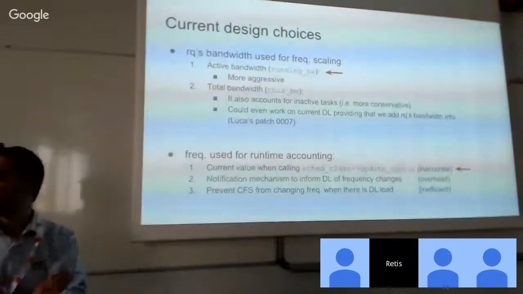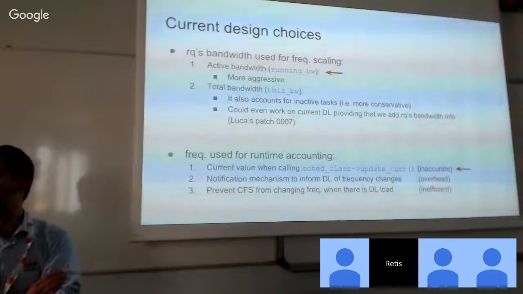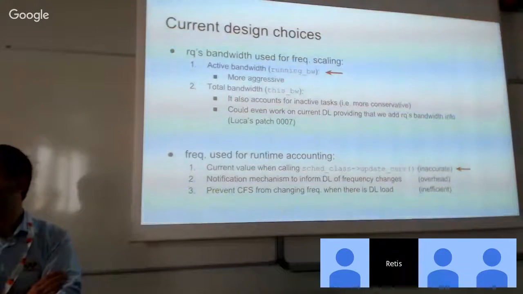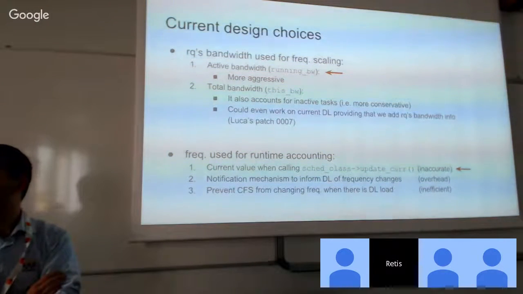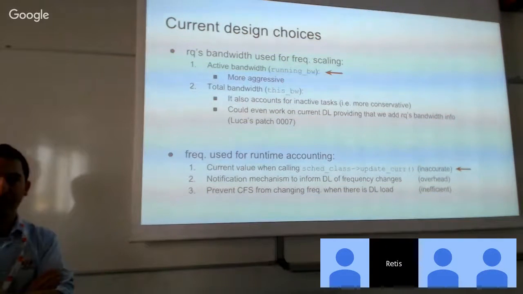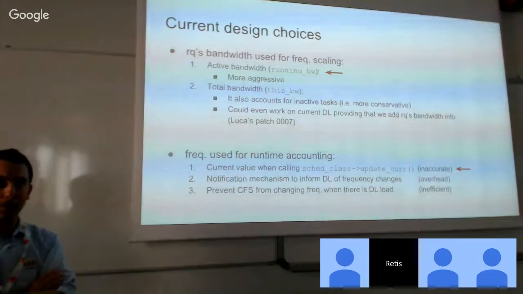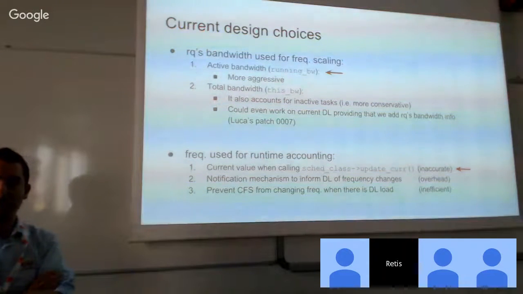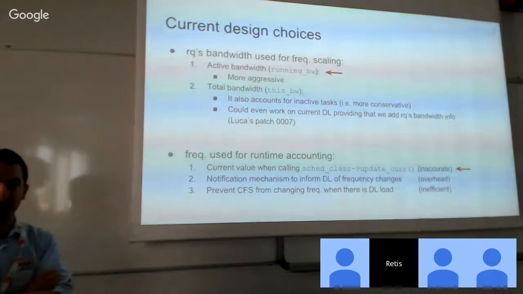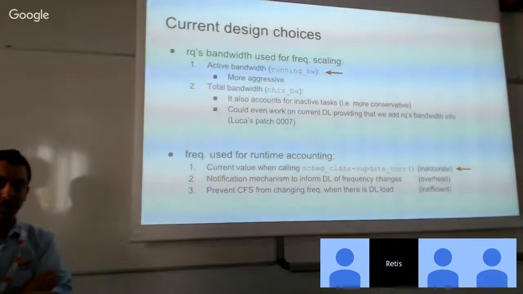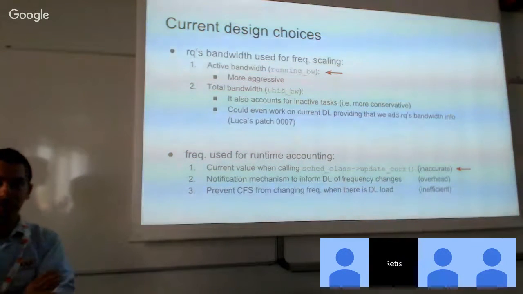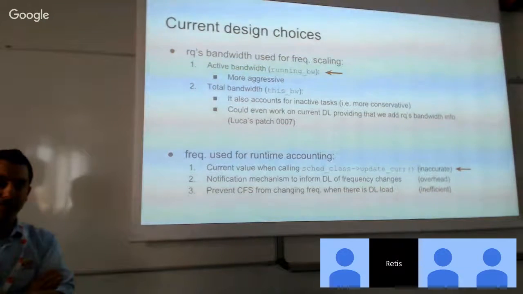I guess in that case, when you're running at least at a fixed frequency, you still want to implement GRUB, so that's the accounting rule modified by Luca. When instead we are able to select the frequency with Schedutil, then you just use the current capacity to do the GRUB accounting.